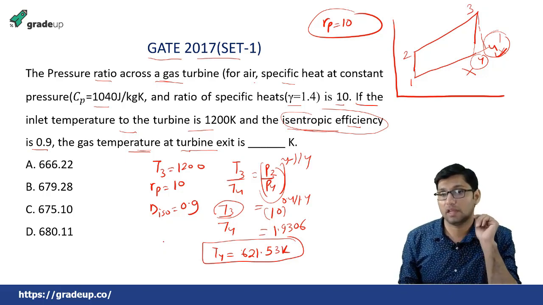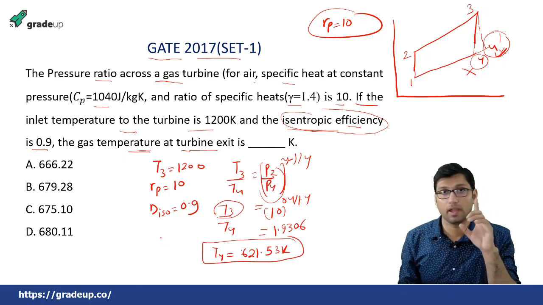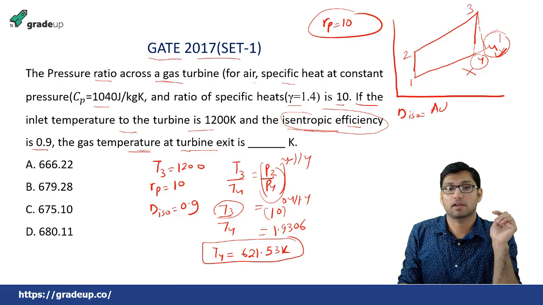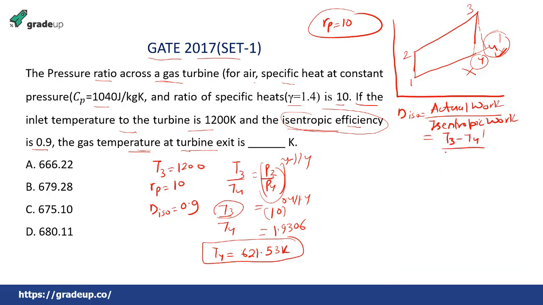Now since you know the value of T4, but as I have told you, here isentropic efficiency is given to you, so you will be using this formula. Isentropic efficiency for a turbine is equal to actual work over isentropic work. I hope you remember it. So actual work will be equal to T3 minus T4 dash, over isentropic work, which is T3 minus T4, and this is equal to 0.9.